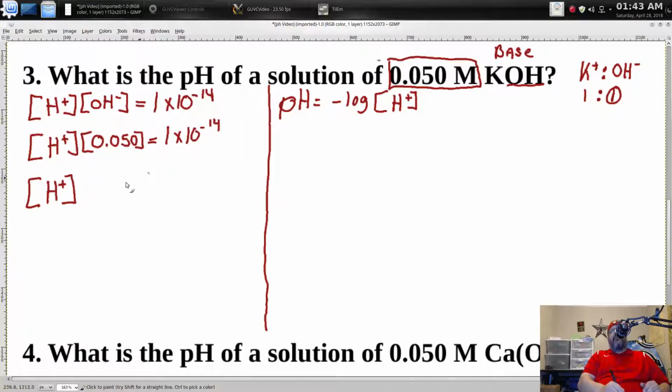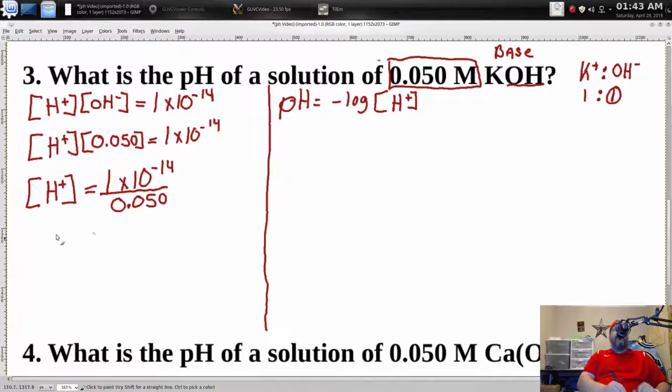So we've got to divide both sides by 0.05. When we do that, we're just going to move this to the bottom down here. So that's going to be equal to 1 times 10 to the negative 14 divided by 0.050.